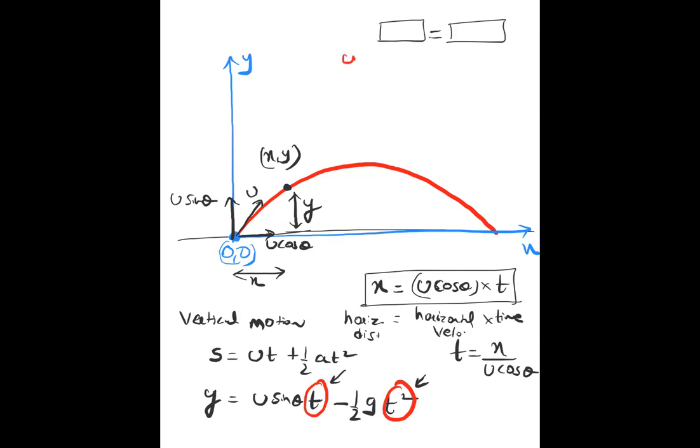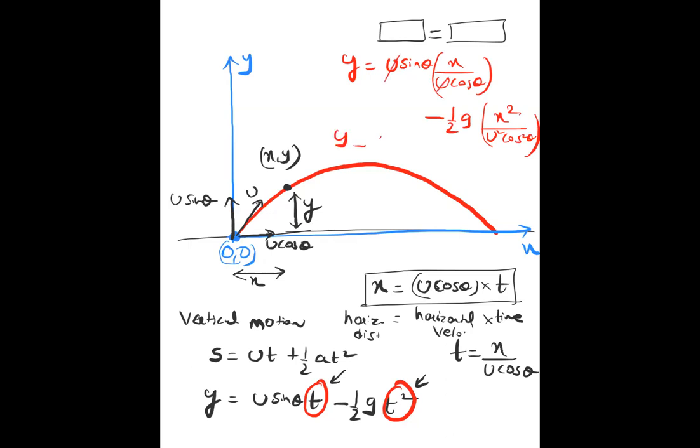So what is the final equation? y equals u sine theta, t is x upon u cos theta, agreed? And minus half g t square, which is x square upon u square cos square theta. And you will get cancellation.